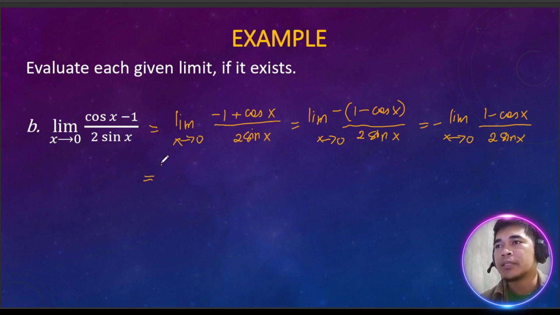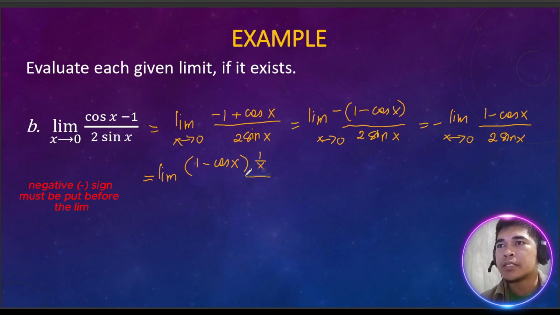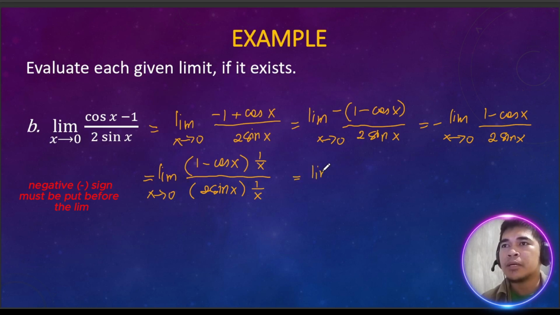So, we got limit of 1 minus cosine x times 1 over x over 2 sine x times 1 over x as x approaches 0 equals limit of 1 minus cosine x over x over 2 sine x over x as x approaches 0.